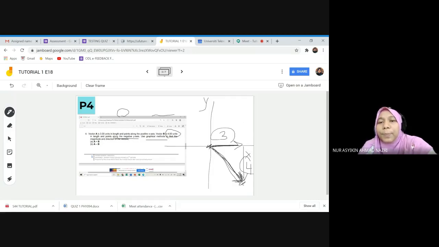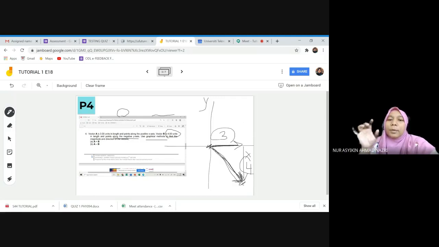So please present your scale, okay. So present your scale. 3 units tu awak convert ke jadi 3 cm ke apa? Tell the examiner, okay. So you need to write the scale that you use, okay. And then you measure ni dapat 5 cm.